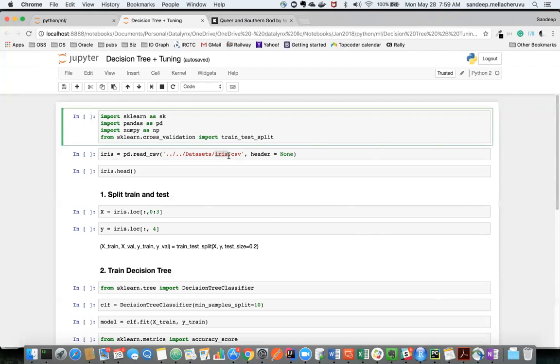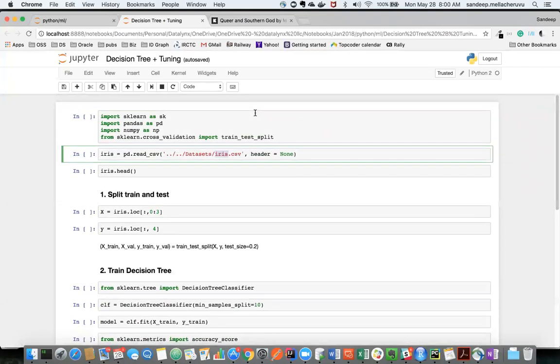Actually, on Iris dataset, I am not getting very good accuracy with logistic regression. But if I do the same thing with a decision tree, I was getting very, very good accuracy. I'm getting an accuracy of 1. You can see how good it is.